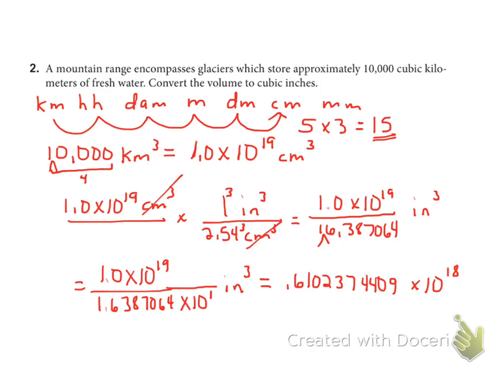Now that number is not in scientific notation because we would need the decimal point to be between the 6 and the 1. And let's also at this point round it to 2 decimal places, so 6.10 times 10 to some power.